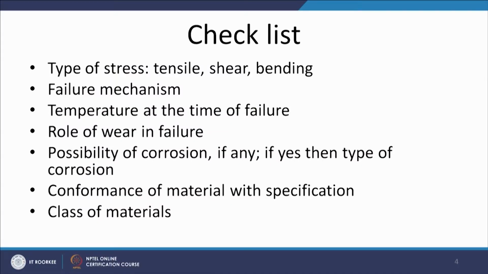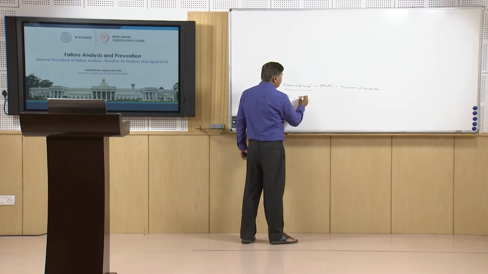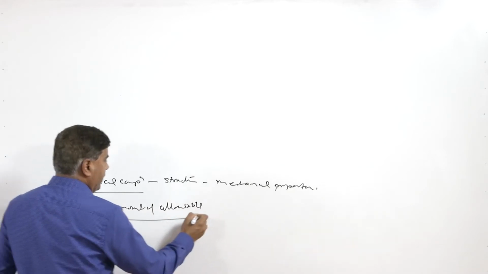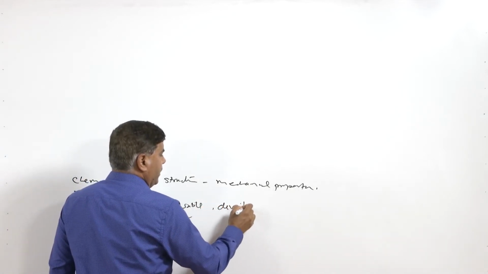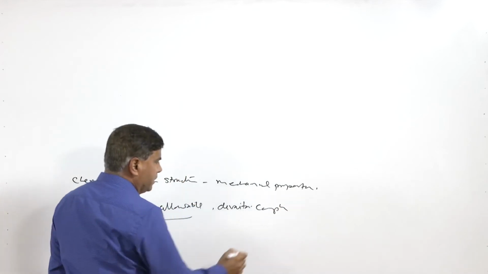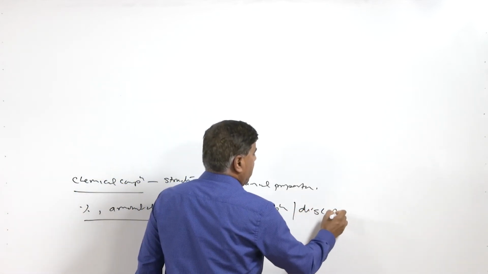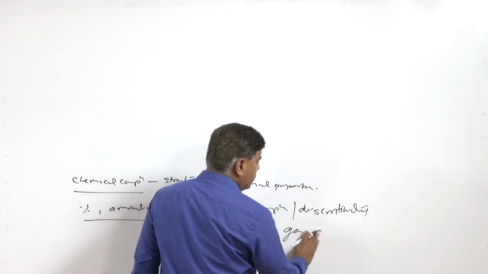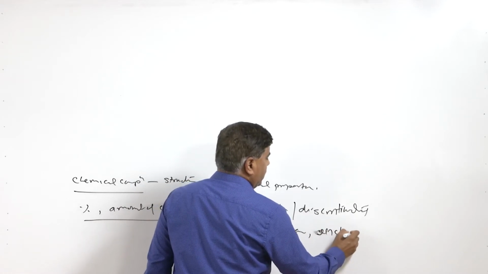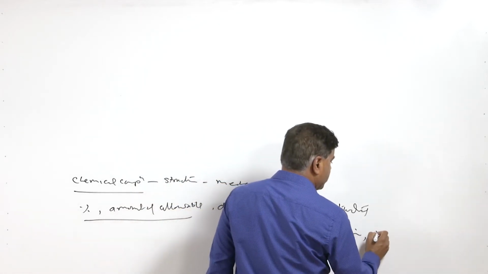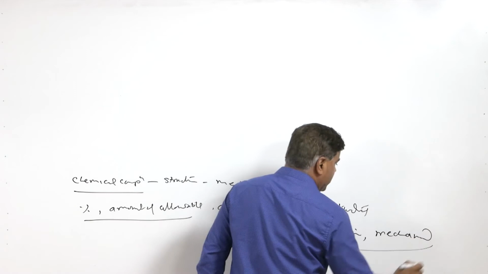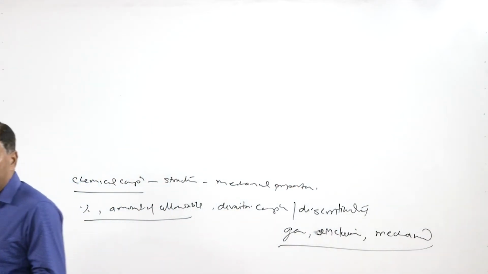The class of the material is identified with regard to the percentage or the amount of allowable deviation in terms of the composition or the discontinuities, which may be in the form of dissolved gases or inclusions, or in terms of the mechanical properties, toughness, ductility, etc. So, these will be indicating the class of the material.